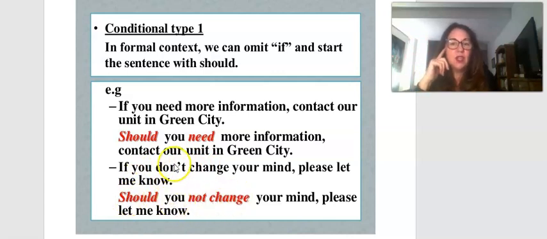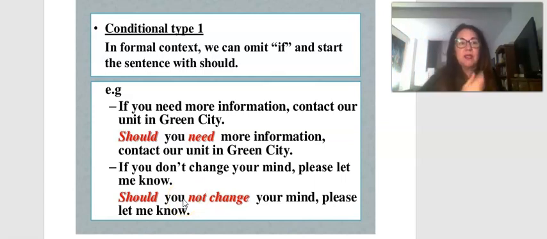You see, the don't is not here because the don't is the auxiliary do plus not. And now in the inverted, I am using the auxiliary should. So should you not change? I cannot put should and do, two auxiliaries, because that's nothing. Each tense has an auxiliary. Two auxiliaries of different tenses together is always a mistake. Okay?